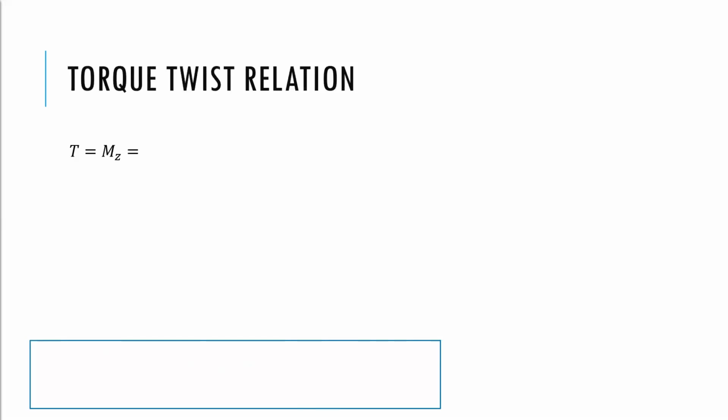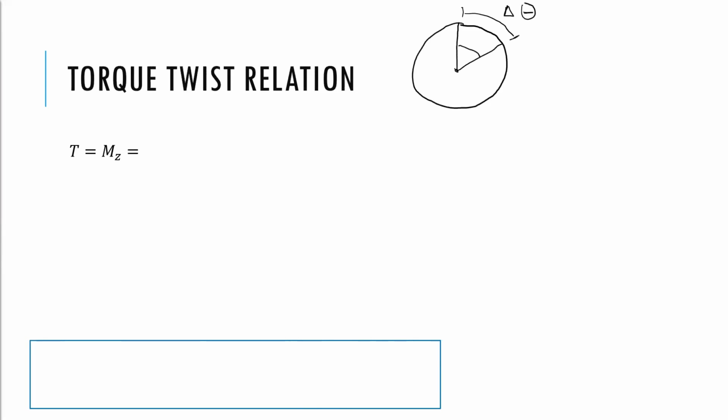So we're going to start with looking at our cross section. We have this circle. And I'm going to look at a little segment of that circle that I'll say is delta theta.